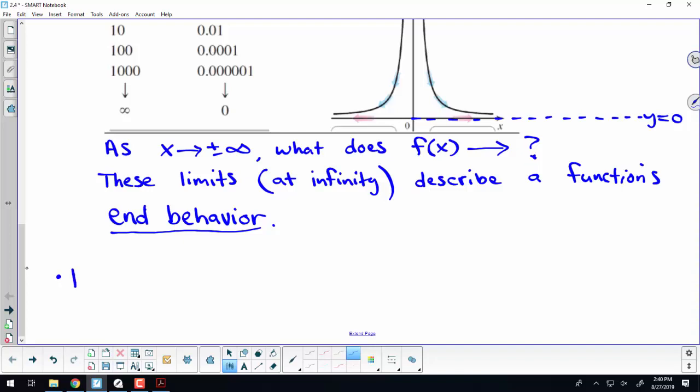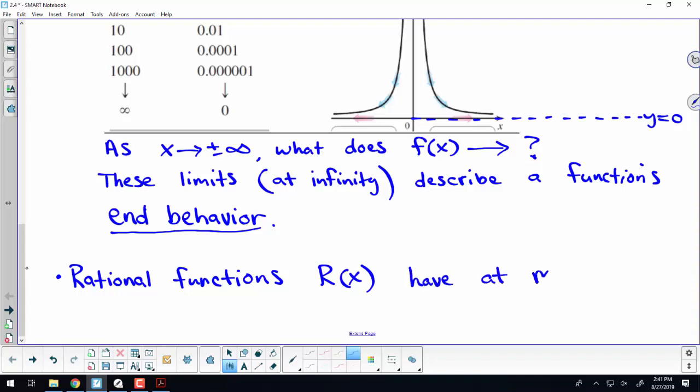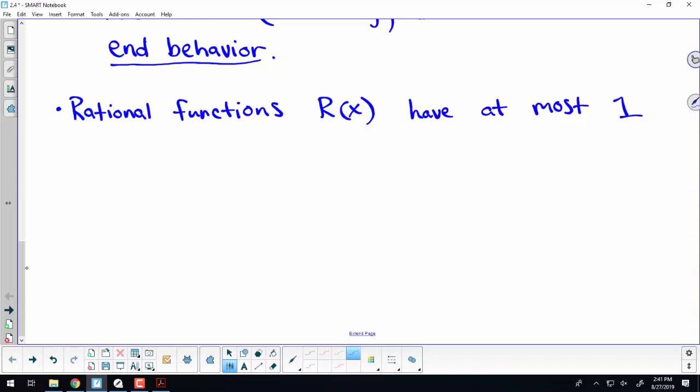So rational functions. Just call it capital R of x. Rational functions have, at most, one horizontal asymptote.